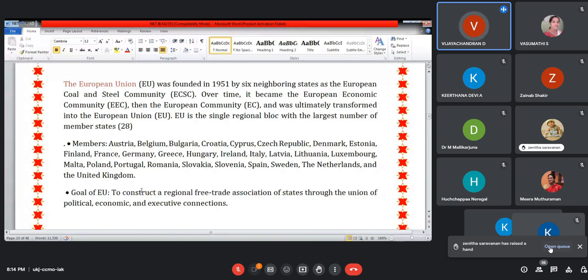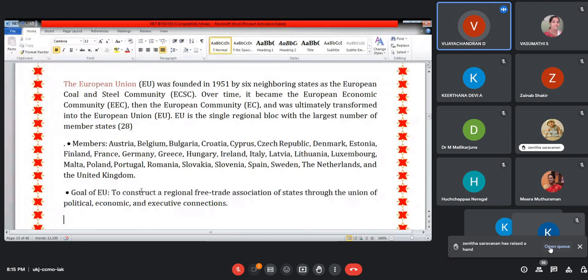Austria, Belgium, Bulgaria, Croatia, Cyprus, Czech Republic, Denmark, Estonia, Finland, France, Germany, Greece, Hungary, Ireland, Italy, Latvia, Lithuania, Luxembourg, Malta, Poland, Portugal, Romania, Slovakia, Slovenia, Spain, Sweden, Netherlands, UK.